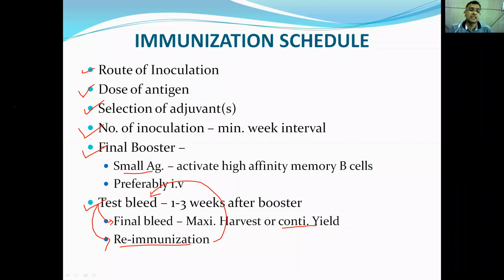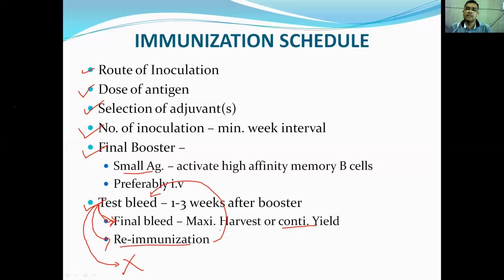In this case, if you get sufficient antibody, then you can go for the final bleeding, and if you do not get sufficient antibody, then you have to terminate your program and reinitiate it with a fresh antigen, adjuvant, and different animals.